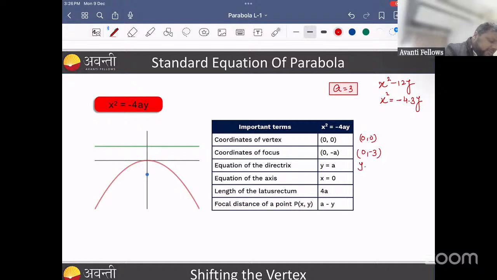Directrix is y equals to 3. Equation of axis is going to be the y-axis, that is x equals to 0. Length of latus rectum will be 4 into 3, 12. And focal distance of any point is a plus y. So it is minus 3 minus y and mod of that. Definitely it's a focal distance, it is supposed to be positive. So it is 3 plus y. Am I clear?